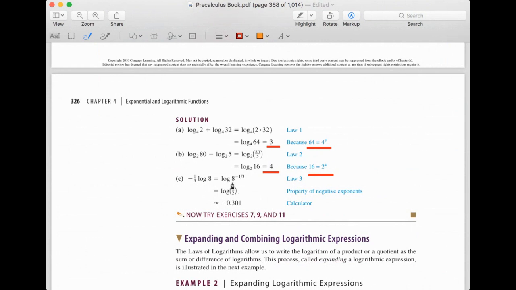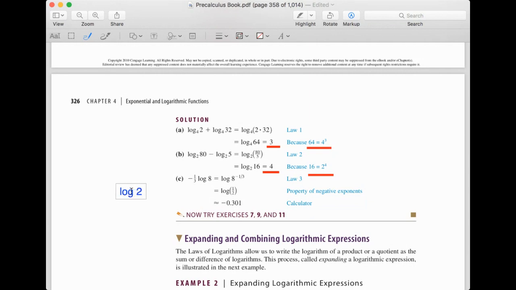Well, 8 we can write as 2 raised to 3. 3 times negative 1/3 will be negative 1, right? So we would get log of 2 raised to negative 1. Log without any base, by default, is base 10.